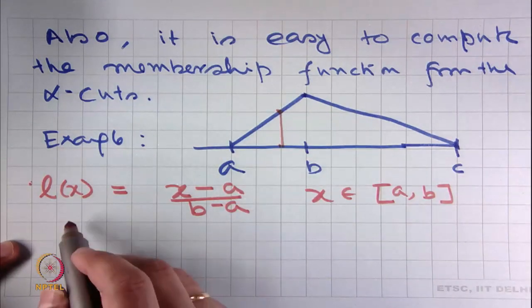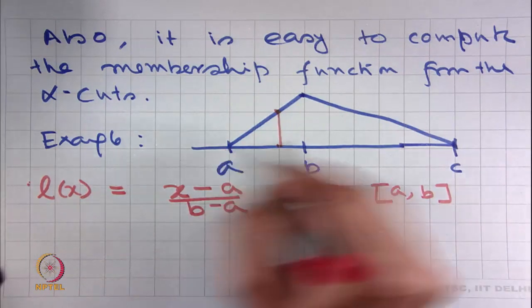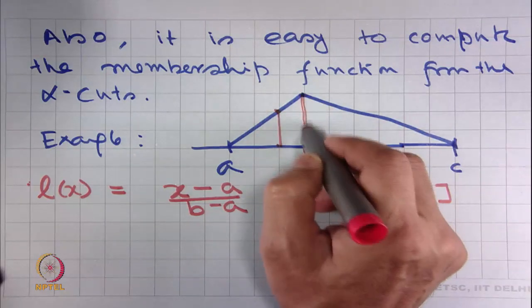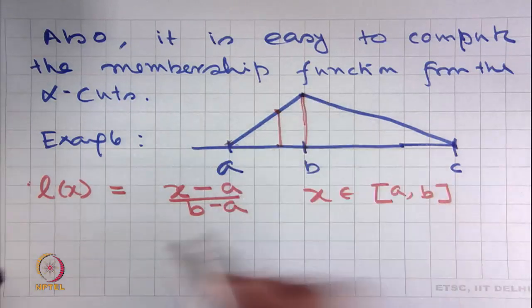That you get from simple geometry and the similarity of triangles between this and this.